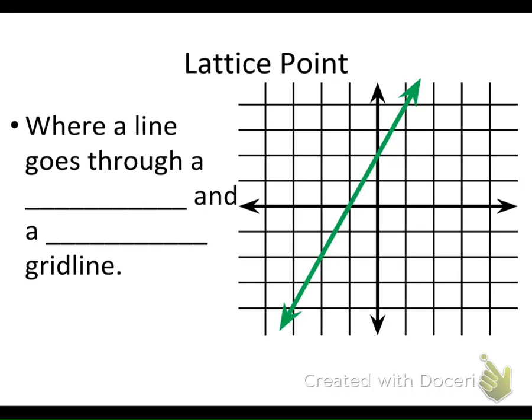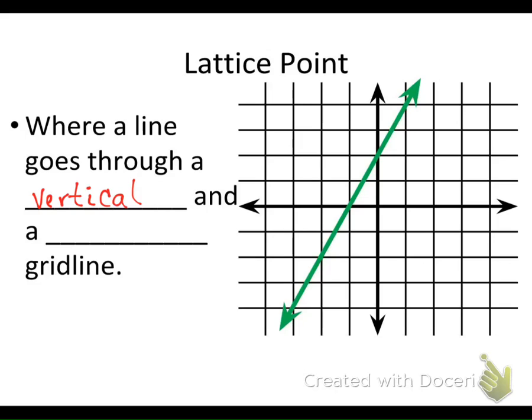Which way do our grid lines run? So our grid lines are all these lines that go this way and then left to right. So which way do our grid lines run? Up and down, which means vertical.